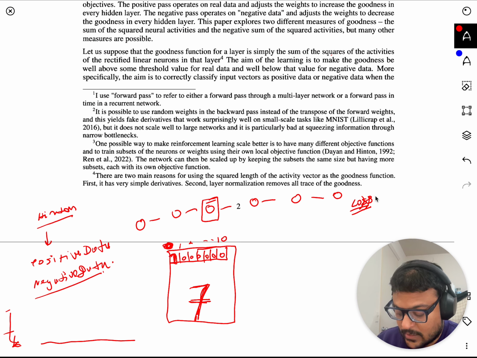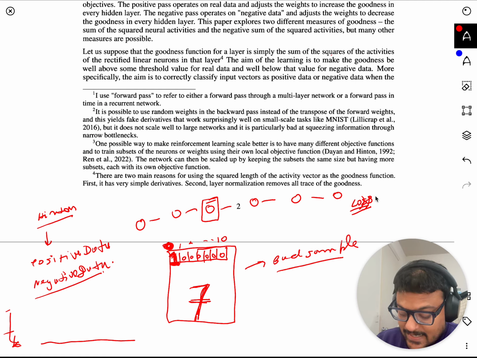So if you are telling the network that the 7 image belongs to class 0 by setting that pixel to 1, this is a bad sample. This is a bad sample because you told the network it belongs to class 0, whereas it actually belongs to class 7.